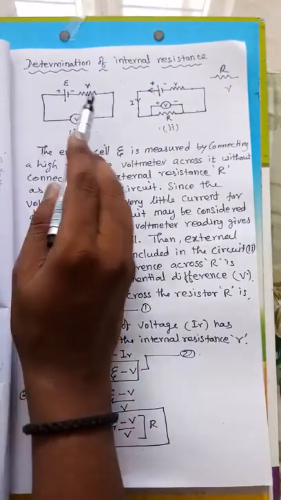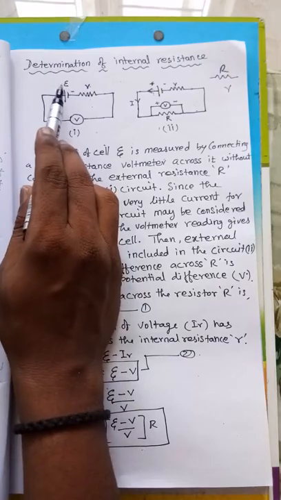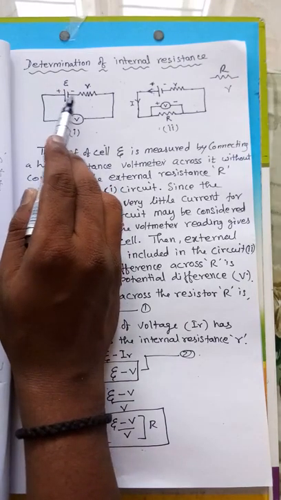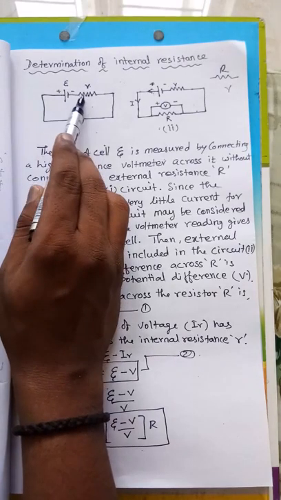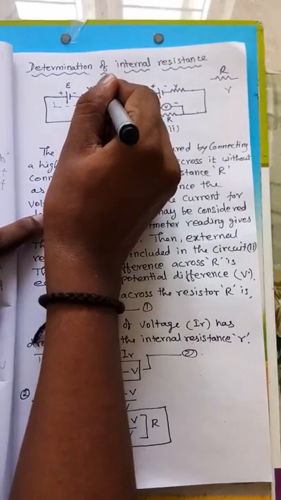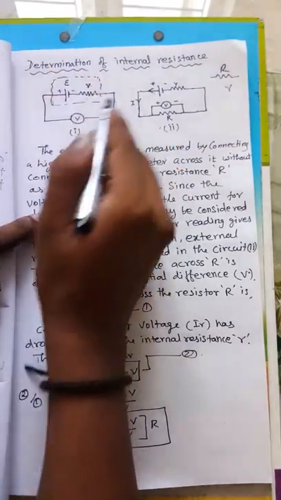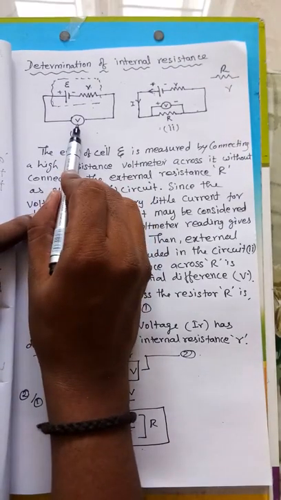Consider one circuit with one battery, that is the EMF, the cell. This cell is connected with its internal resistance r, combined, and connected with one voltmeter.